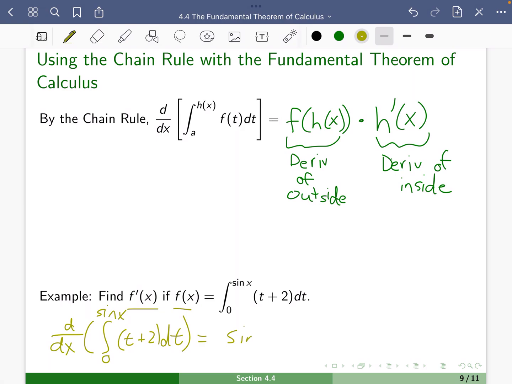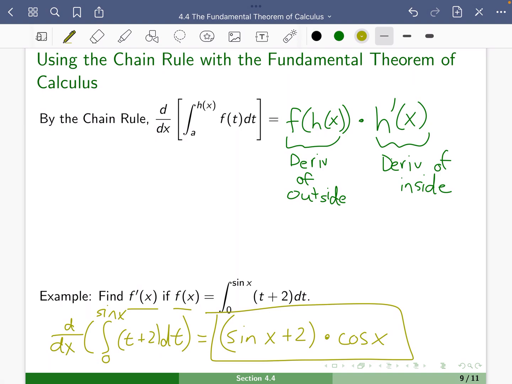So we have sine x plus 2. But we're not done yet, because now we need to multiply that by the derivative of that function sine. The derivative of sine is cosine. That is our derivative.